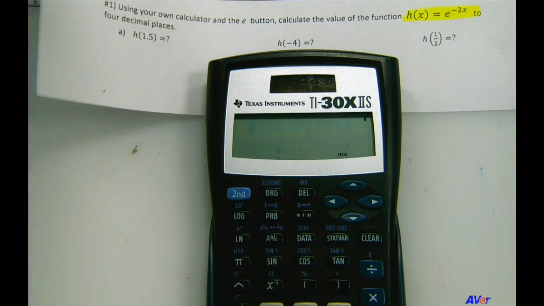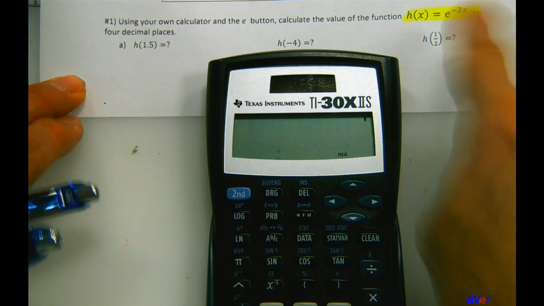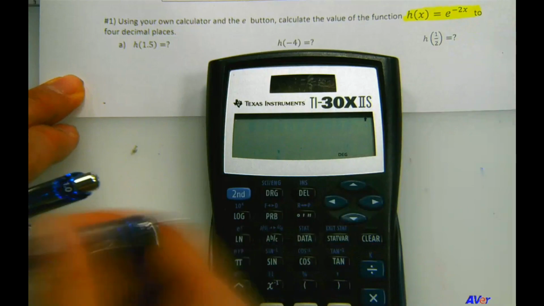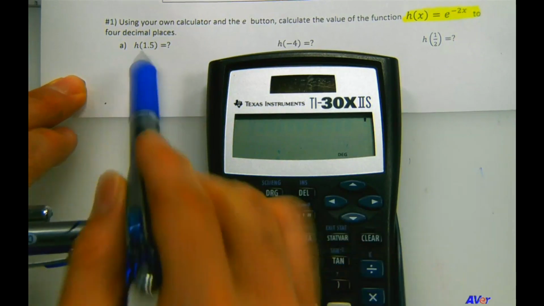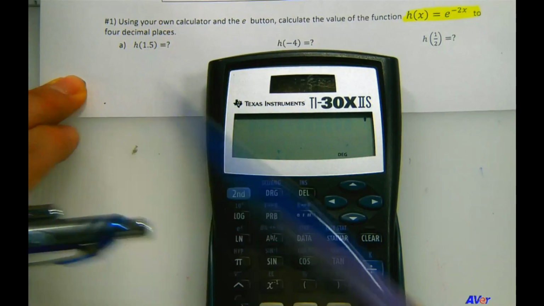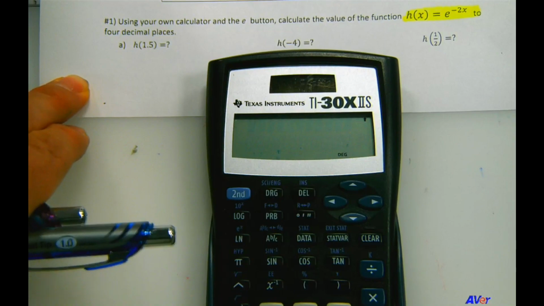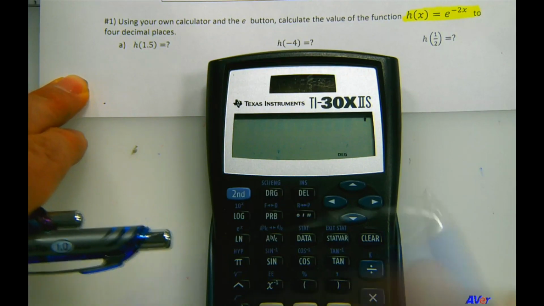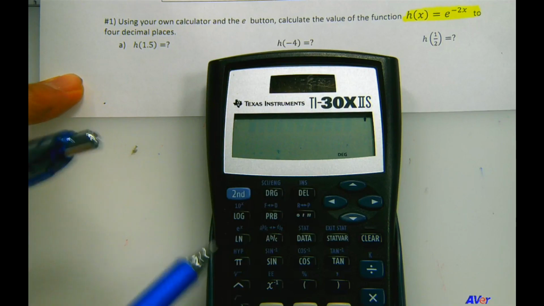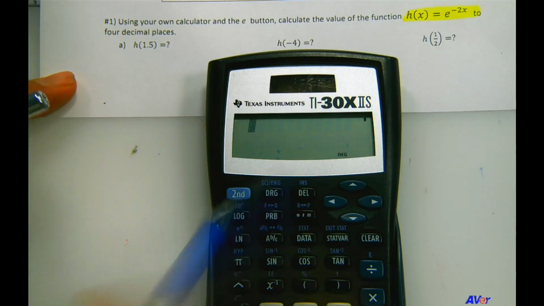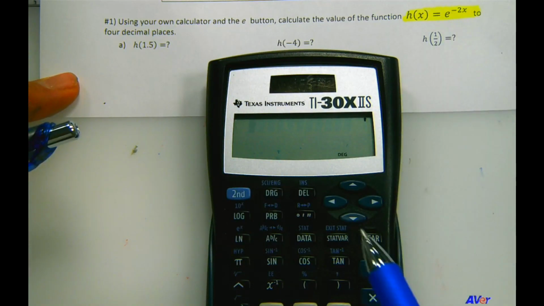All right, so here we want to evaluate this function at x value equals 1.5. So as I calculate this, please make sure you use your calculator to see if we get the same numbers, okay? So on my calculator, the e to the x function, the e is the natural exponential function.